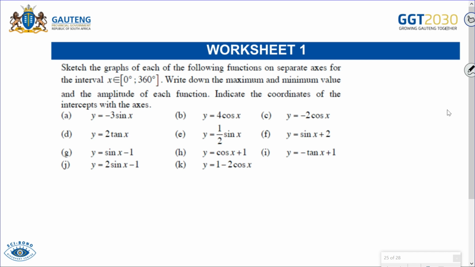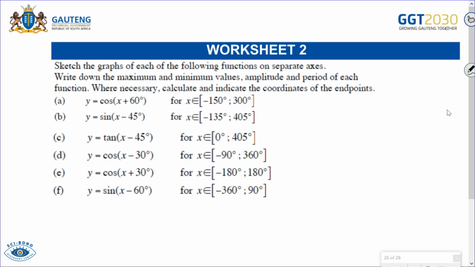Don't forget, if it's the graph of tan, you'll say x is an element of that particular domain, but we must indicate that x shouldn't be equal to those asymptotes, or values where your calculator is giving you math errors. And then indicate the coordinates of the intercepts and the axes.